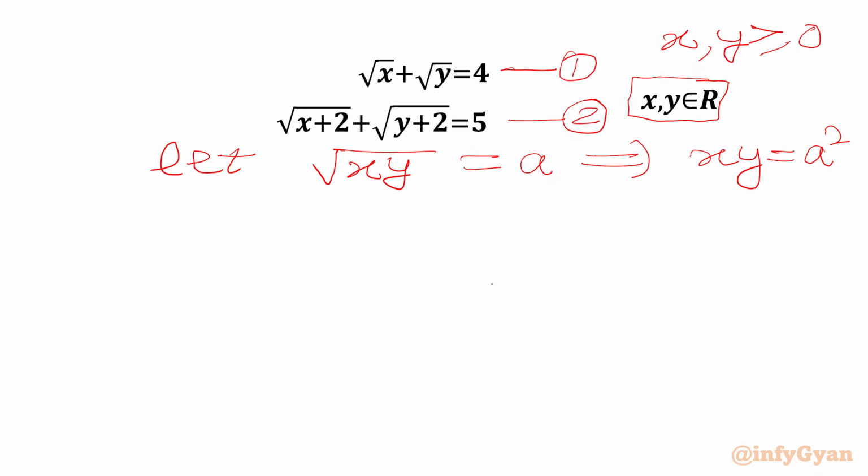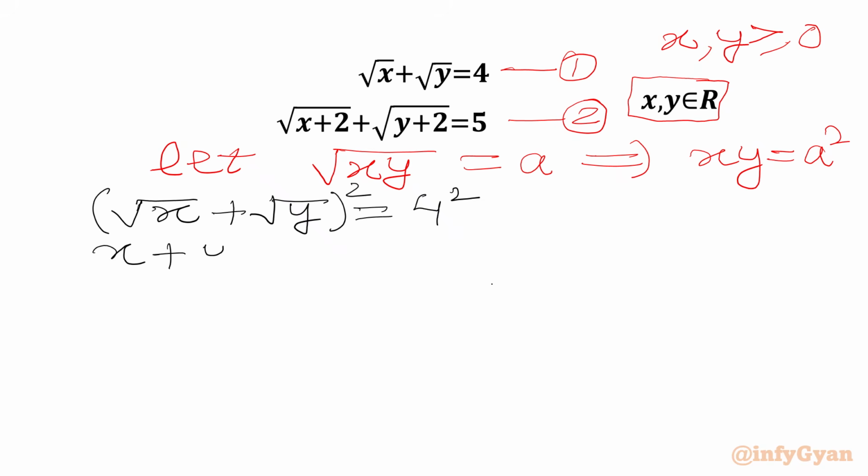Now we will rewrite our first equation. So square root x plus square root y equal to 4. We'll be squaring both sides. We'll use a plus b whole square identity and get x plus y plus 2 times square root xy equal to 16.